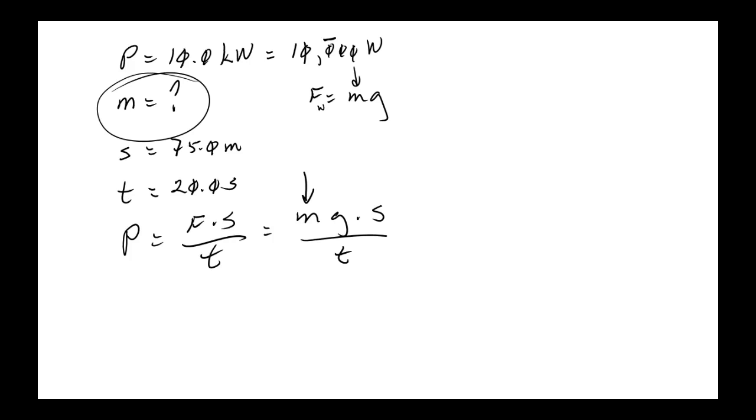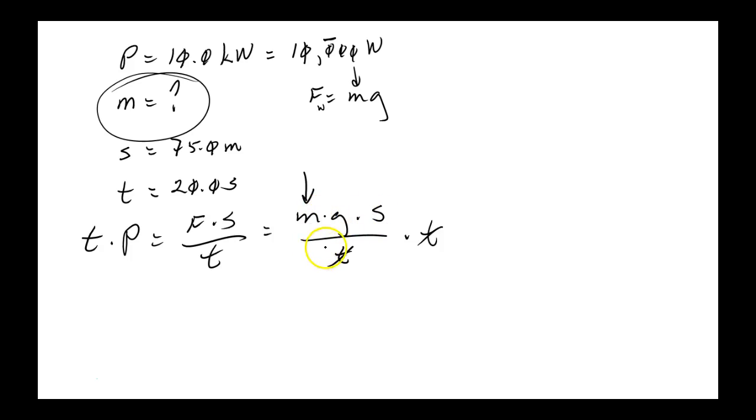Okay? So here's how we do it. Let's get rid of the t. How do we get rid of the t? Multiply by t, but multiply both sides of the equation. All right, that's out of there. We want mass by itself, so what do we need to do? We want to get rid of g and s.